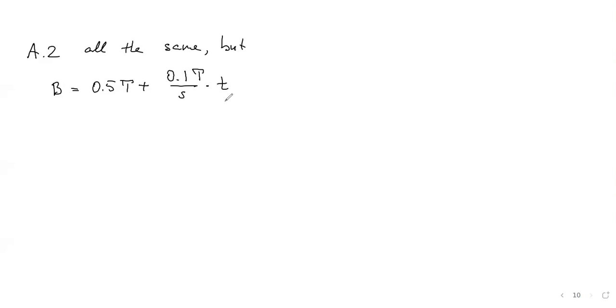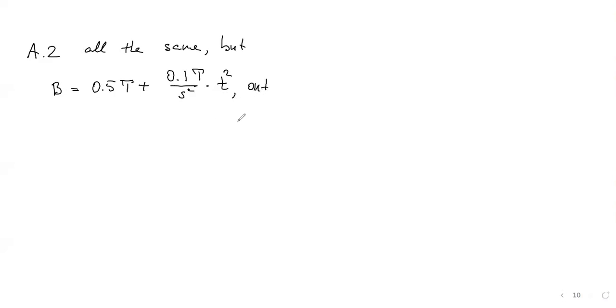So I'm increasing magnetic field with time. Let's make it quadratic function. That will be more interesting. So I'm going to increase magnetic field in time as a parabola, as a quadratic function of time. And magnetic field is out of the page.